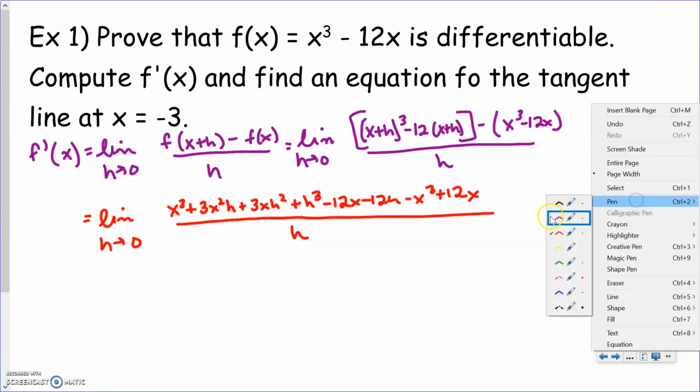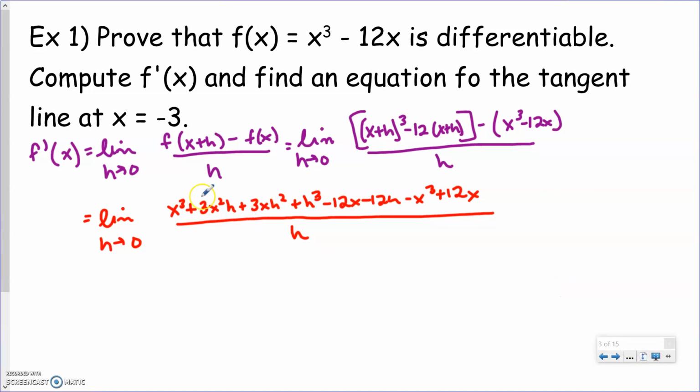So we're going to go ahead and simplify just like we did in the last section. Let's go ahead and cancel things out. X to the third cancels, negative 12x cancels with 12x, and I believe that is all we can do there. So we are going to simplify by dividing the remaining terms by h.